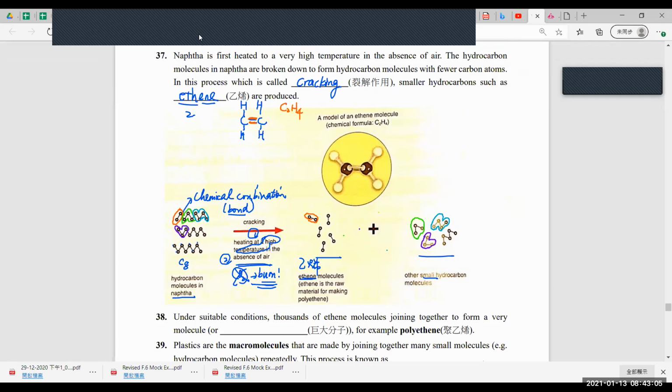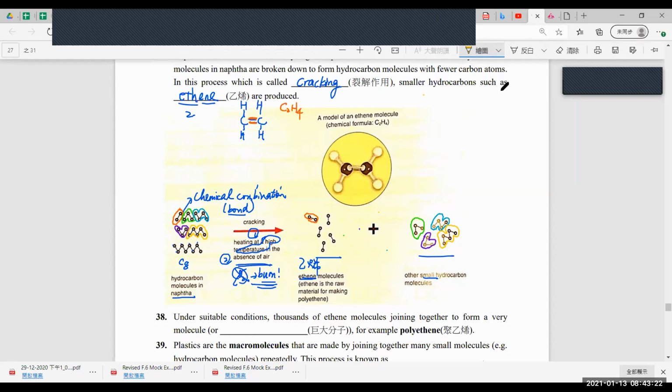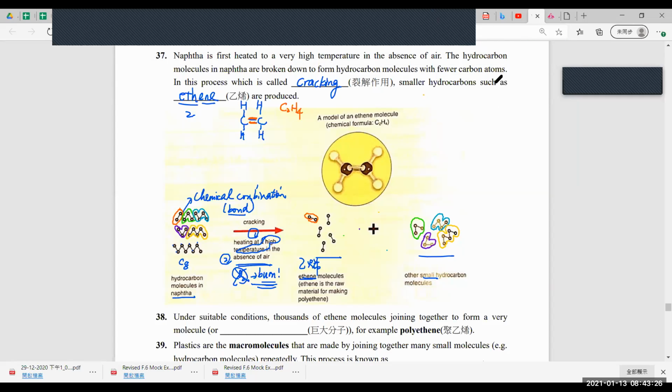I'll show you here, and just inside, we have got five carbon atoms next to it. So can you get the point? What is the hidden message? That the chopping, the breaking of those bonds in the whole molecule, can be done in different places.